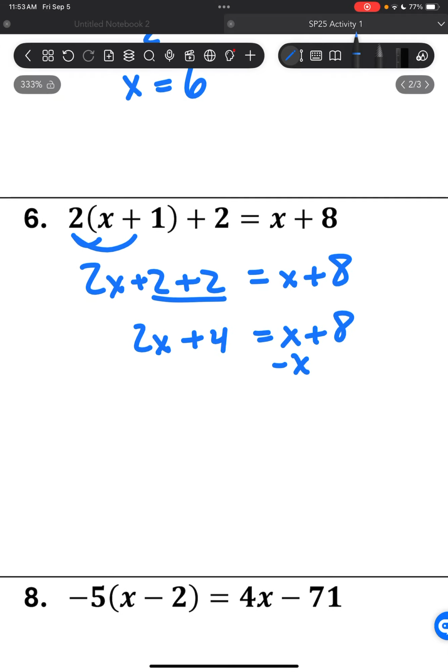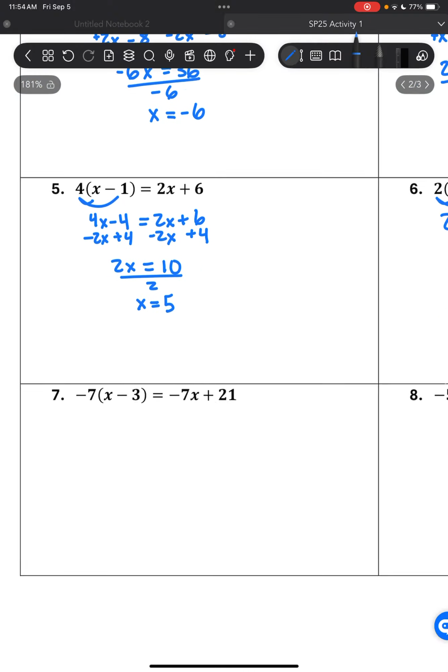Next thing, we're going to get rid of our x. We have 8. Oh, sorry about that. We're going to do this a little differently. Let's do this first here. Then we're going to subtract our 4, getting our positive 4. So x equals 4 for number 6.